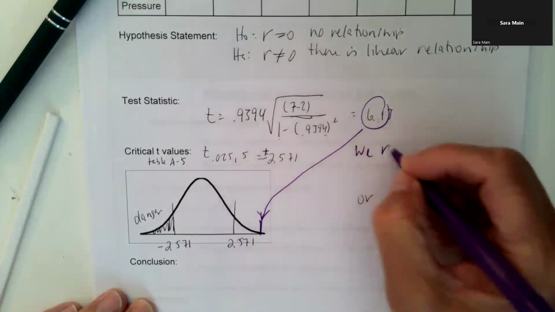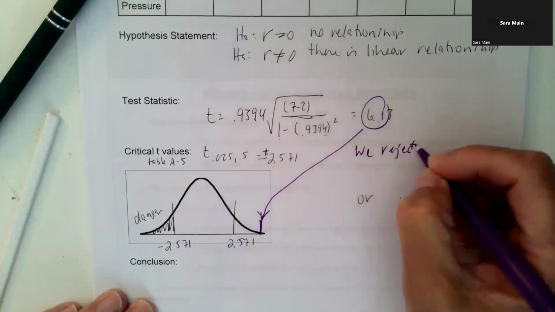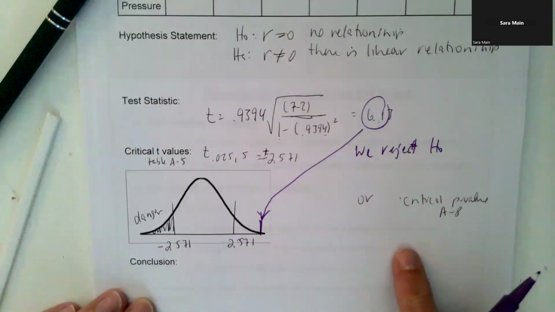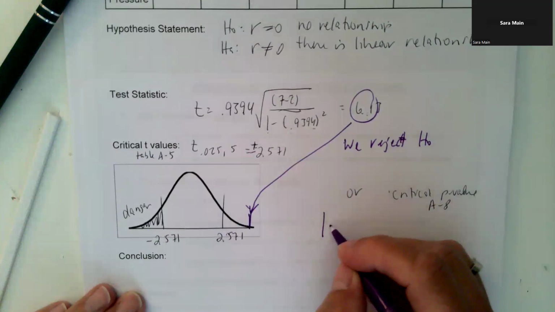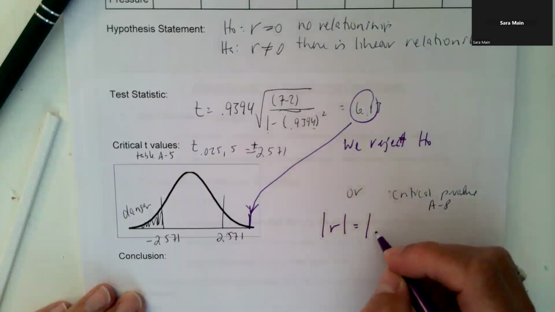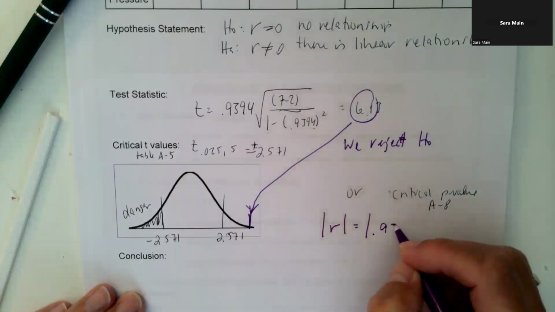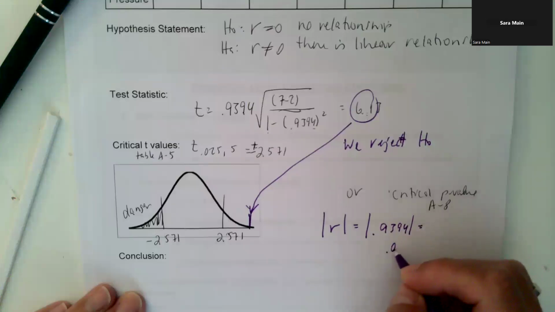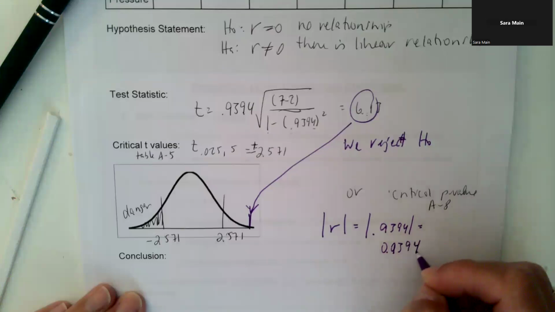So we reject H0. Okay. Or we can say the absolute value of R, which is the absolute value of 0.9394, is 0.9394.